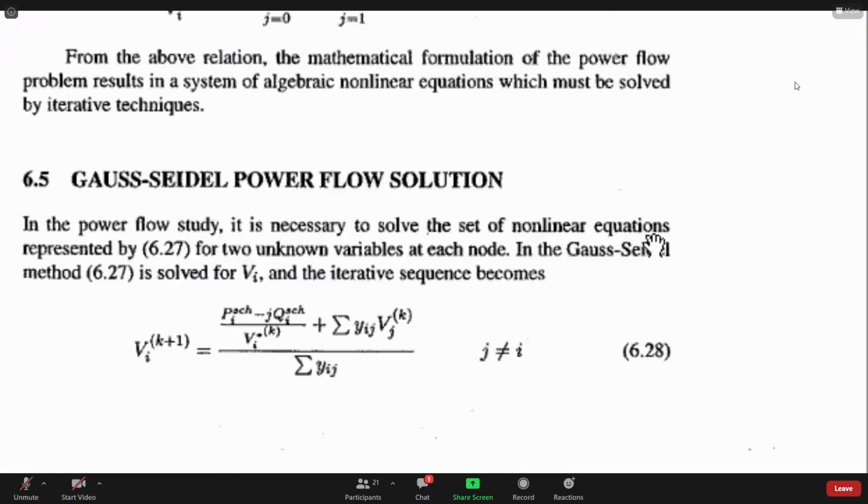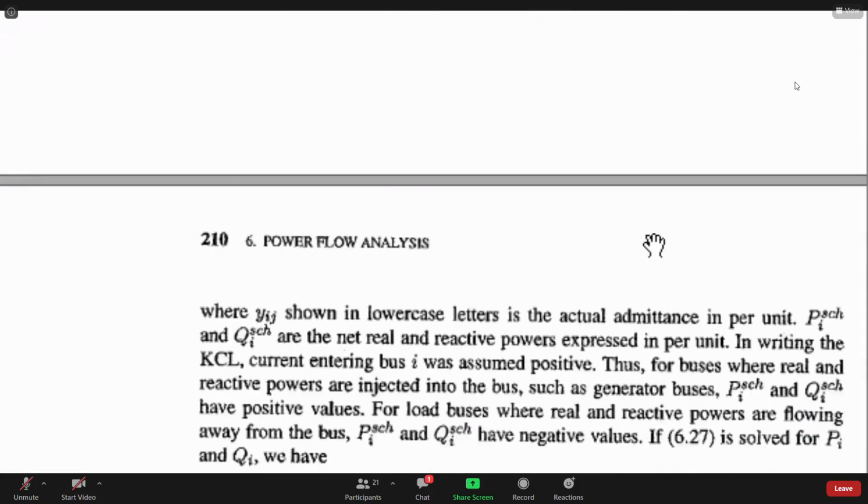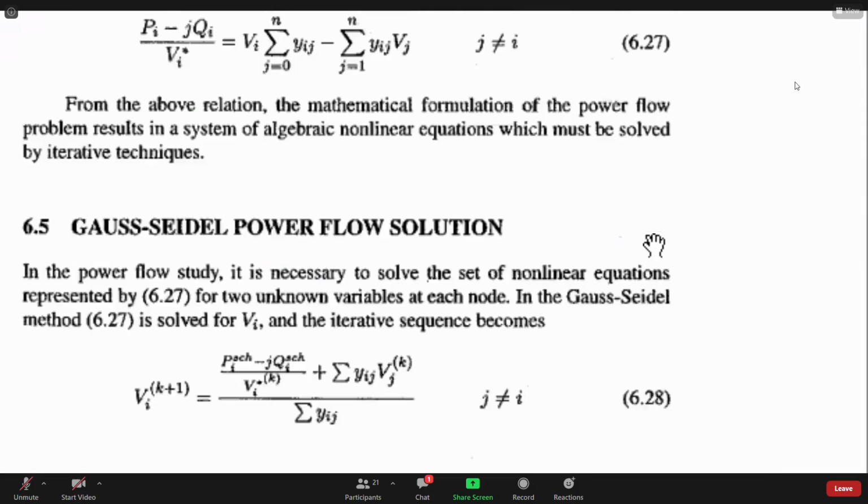So, given the power flow equation, can we find the real and reactive parts from that equation? After some simplification, we can generate the real and reactive parts, right? Yes, sir. The real part will be positive and the reactive part negative in the equation.